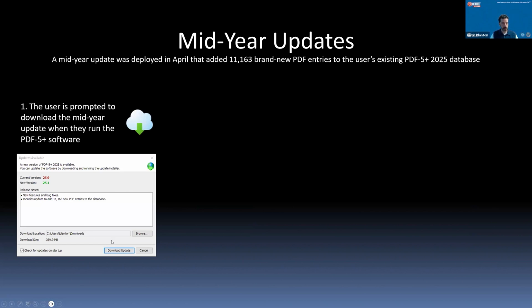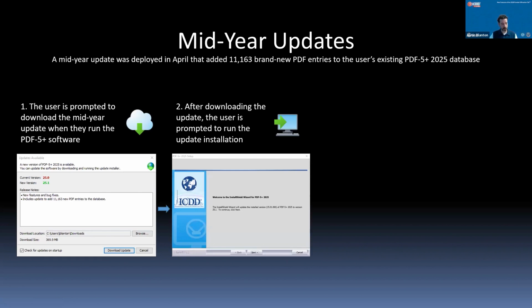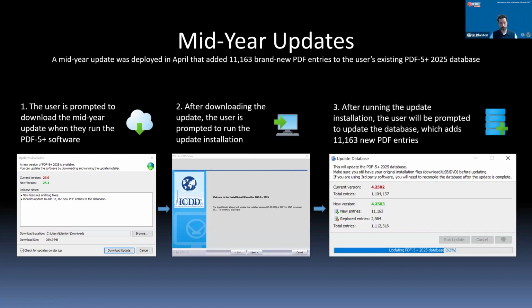If you look on the left-hand side here, the way this mid-year update works is the user is prompted to download the mid-year update when they run the PDF software. Once they've downloaded this update, the user is then prompted to run the update installation. After the update installation is complete, the user is prompted to update the database itself. This is where the update will add 11,000 new entries to the existing database.